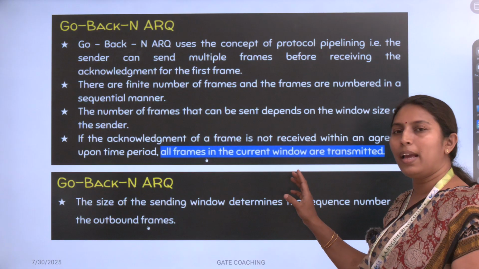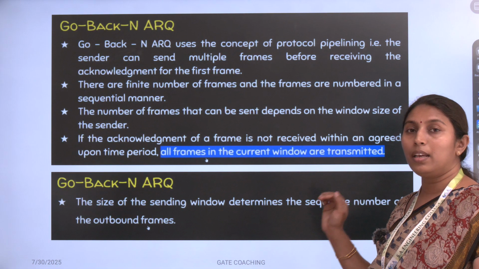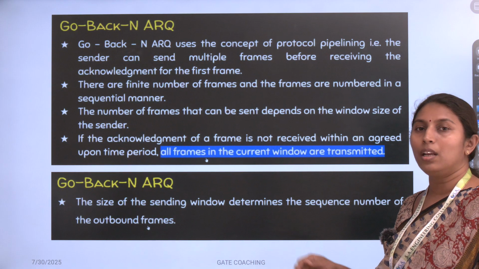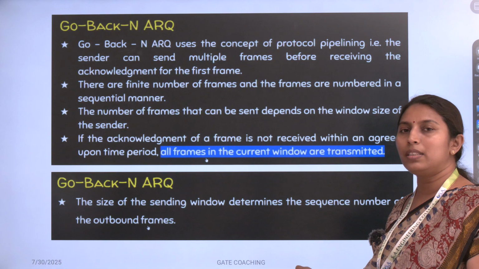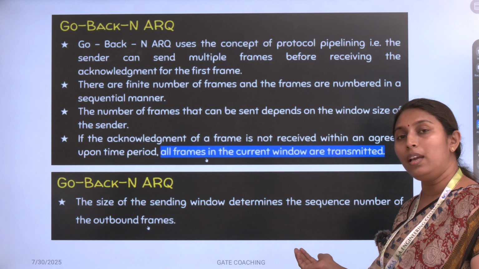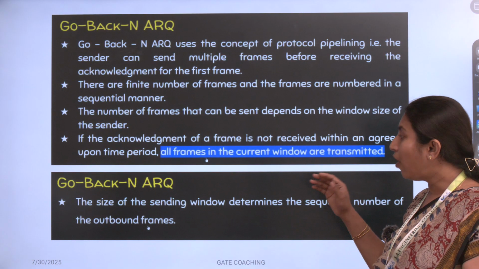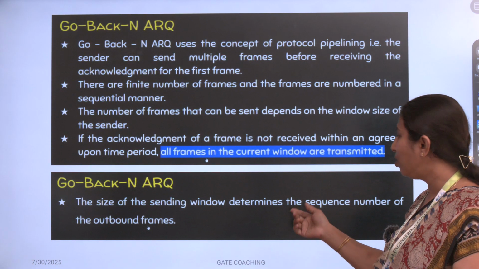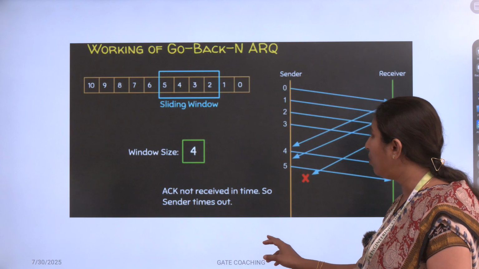We have sequence numbers for each frame, because they are very important: from the sender, how many packets are going, and on the receiver side, after processing, the acknowledgement is given to the sender for the frame that was processed. That's why the sequence number and the timer are very important here.